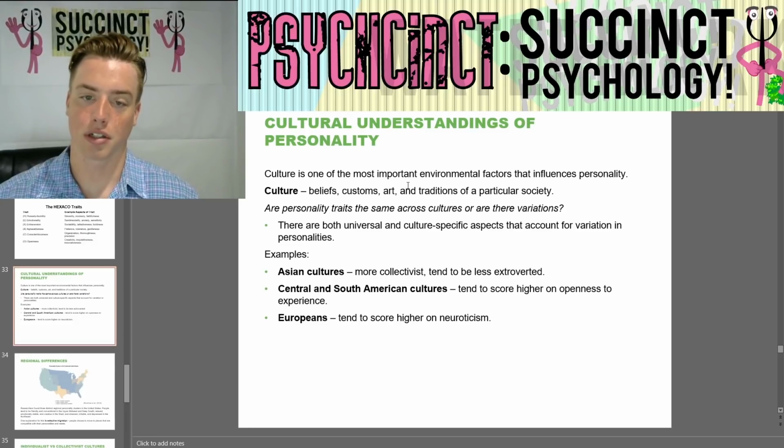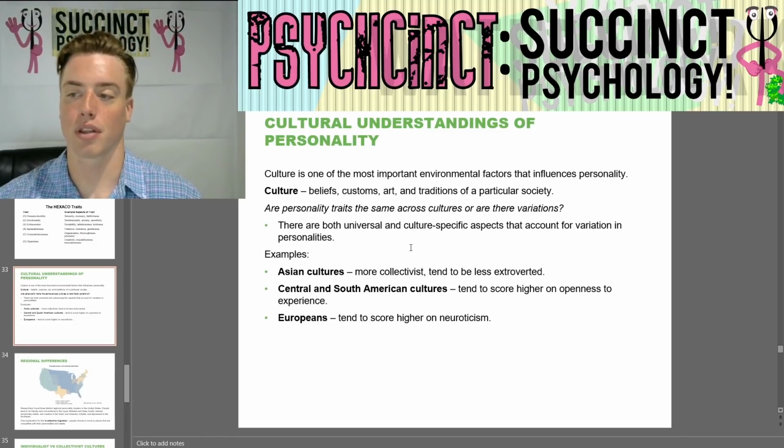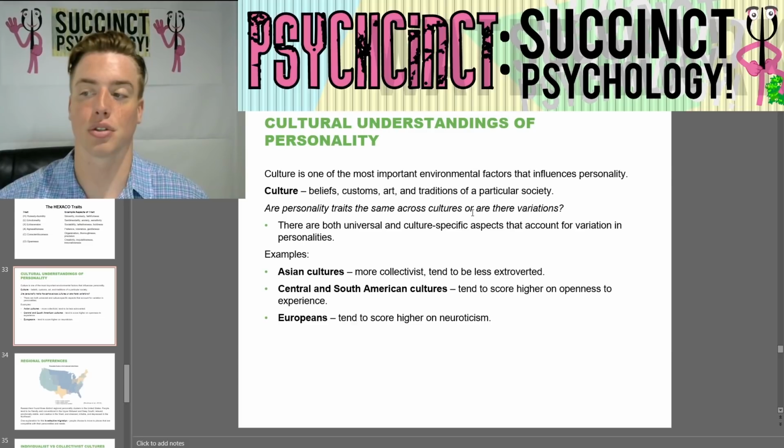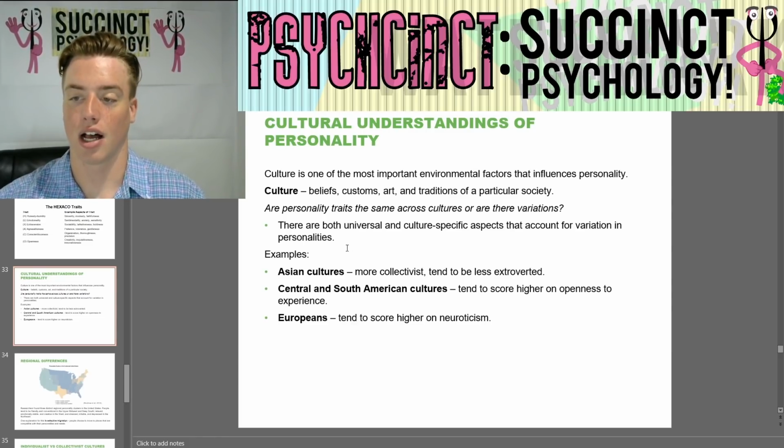Anyways, so cultural understandings of personality. Culture is one of the most important environmental factors that influences personality. Now, culture is the beliefs, customs, art, and traditions of a particular society. So, question, are personality traits the same across cultures, or are there variations? And the answer is there are both universal and culture-specific aspects that account for variation in personalities.